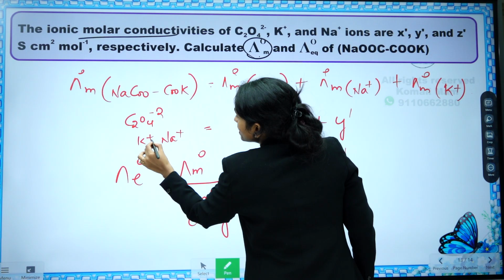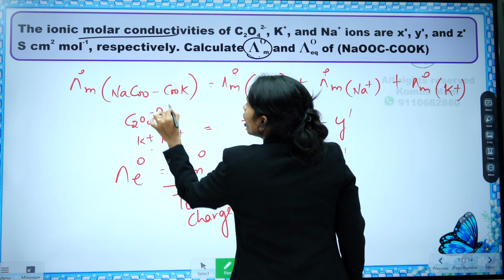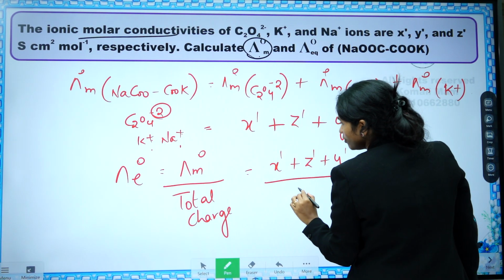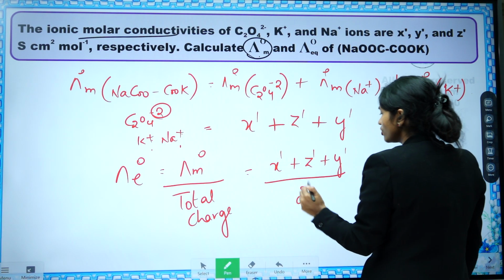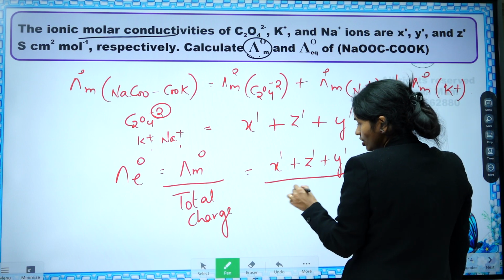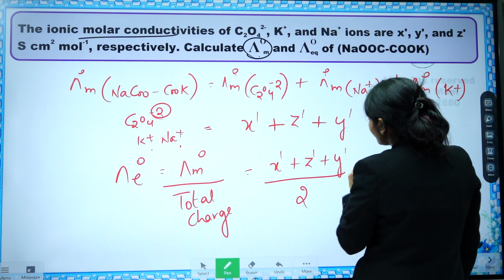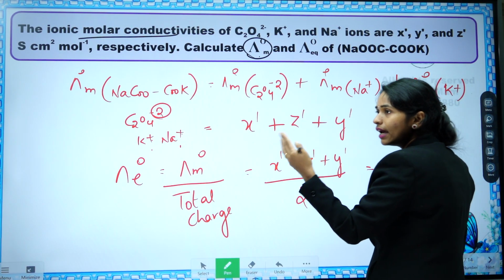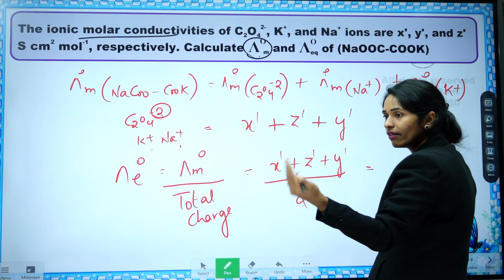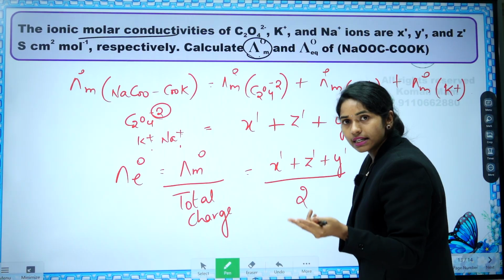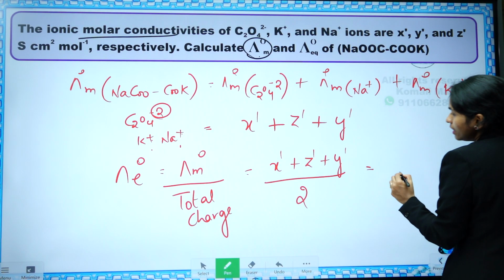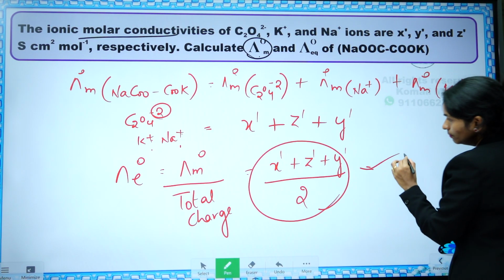Total charge is plus 1 plus 2 or minus 2. Any one charge you have to take, so either plus 2 or minus 2. So we take the mod of the charge, which is 2. In the previous case also I directly substituted minus 2 divided by minus 2. Even you can directly substitute without that negative. Then this is your answer.